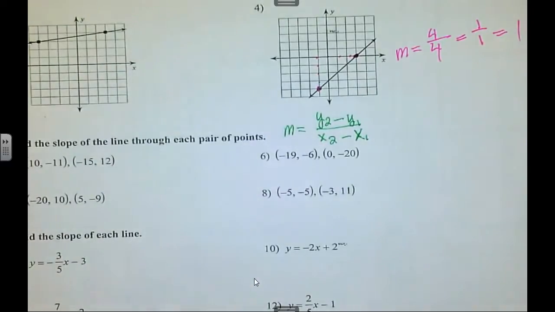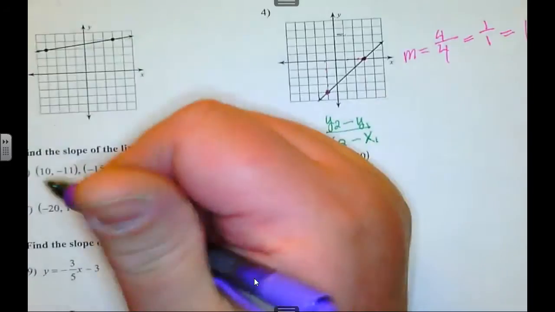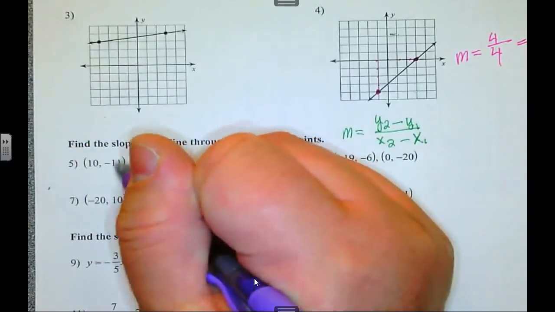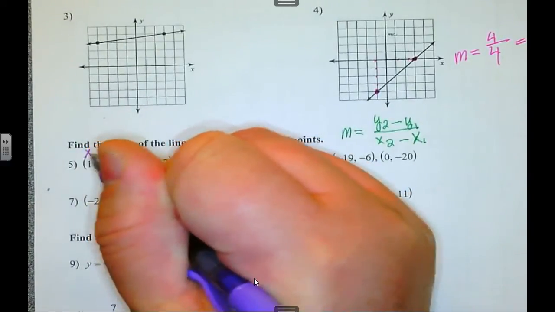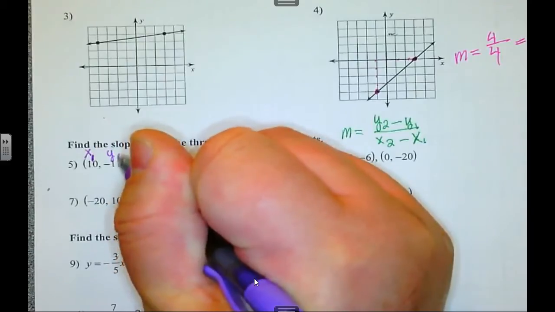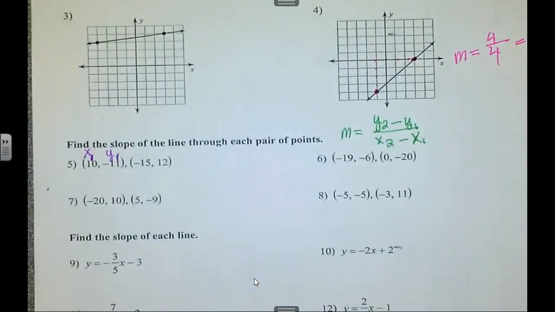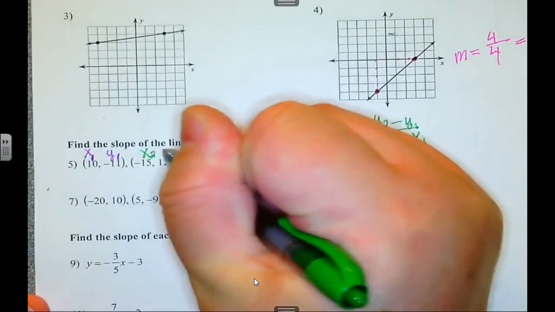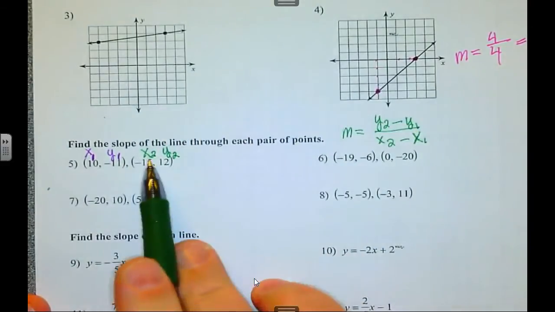Okay, and so you don't get confused, until you get used to it, I would label your points here. This is the first point they're giving me, so I'm going to call that x1, y1. This is the second point they've given me, so that's x2, y2. Those are just subscripts.